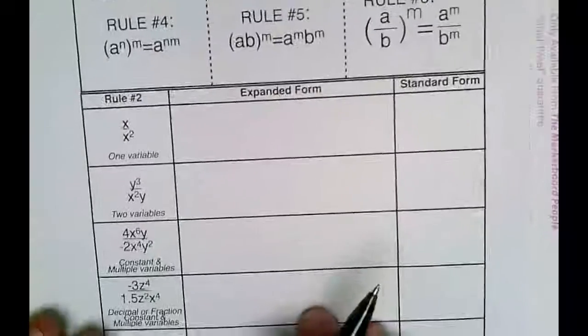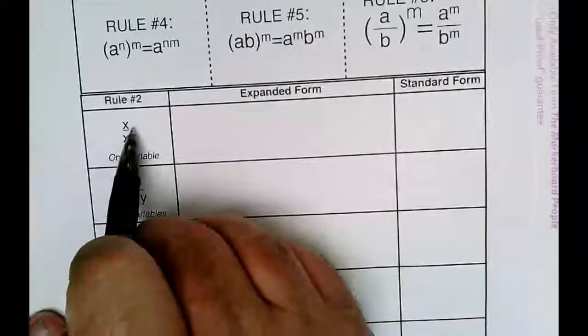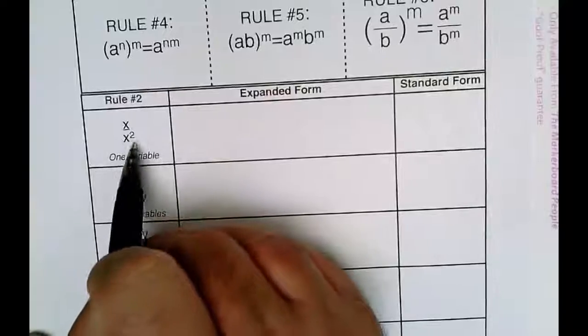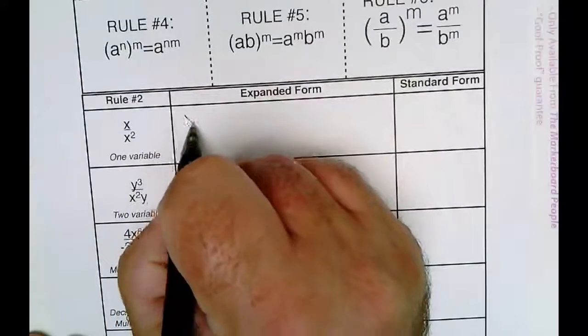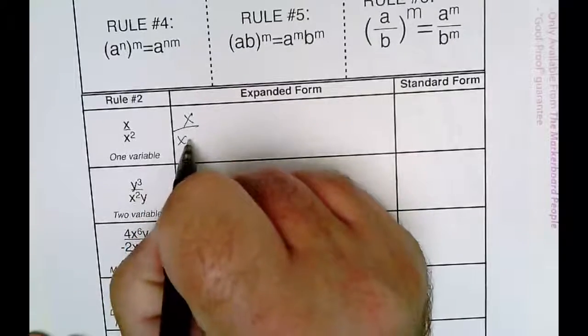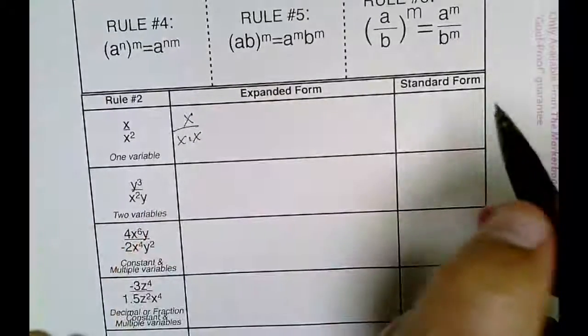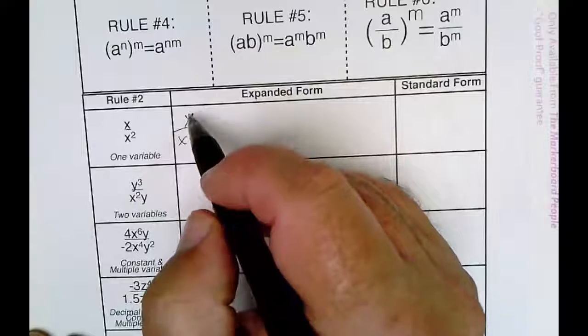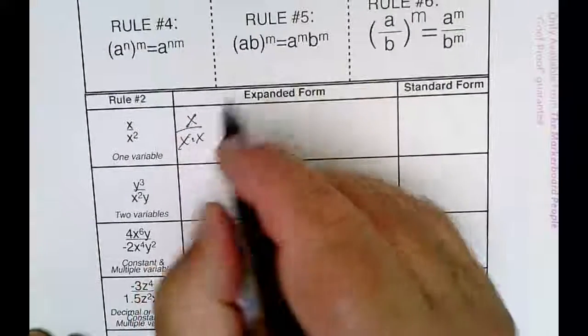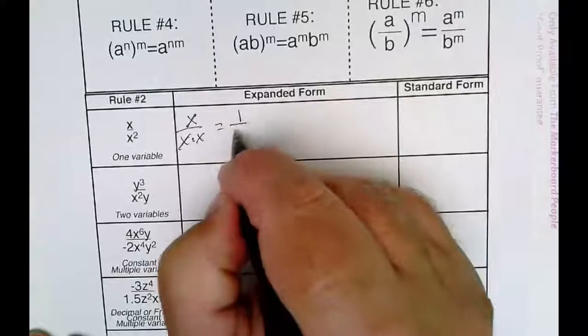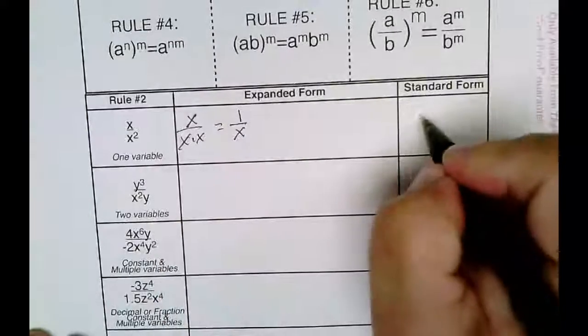So to give you a general idea, on our first example, we have x divided by x squared. If we write this out in expanded form, I get x divided by x times x. Well, we know in division that we cancel these two out, and I'm really left with 1 over x, which is true.